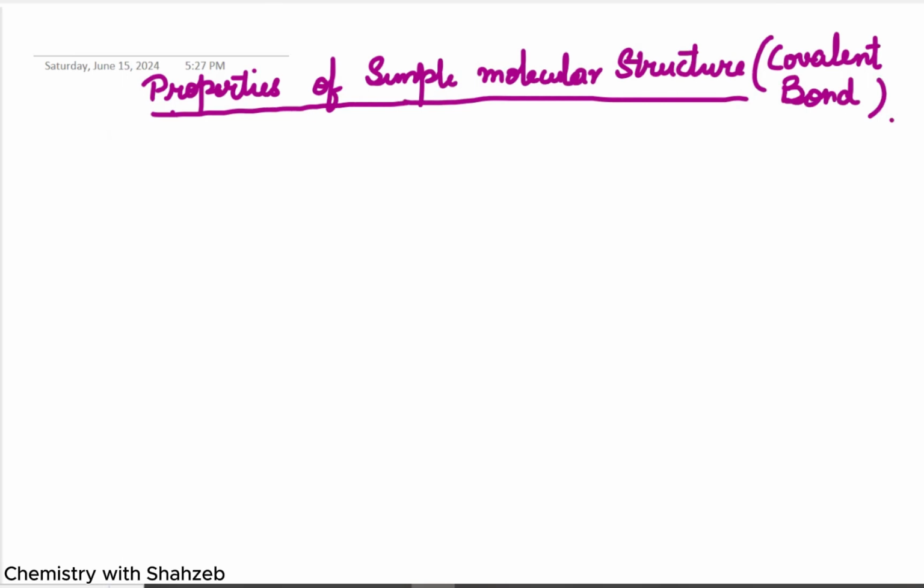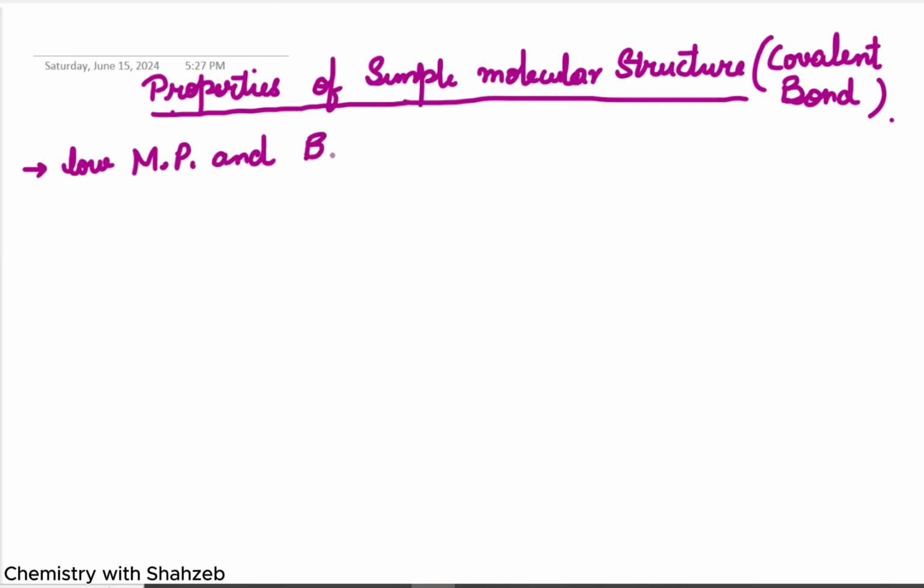Okay, so first of all, there is a property that most of the covalent compounds have simple molecular structure, so they have low melting point and boiling point, a very important property.